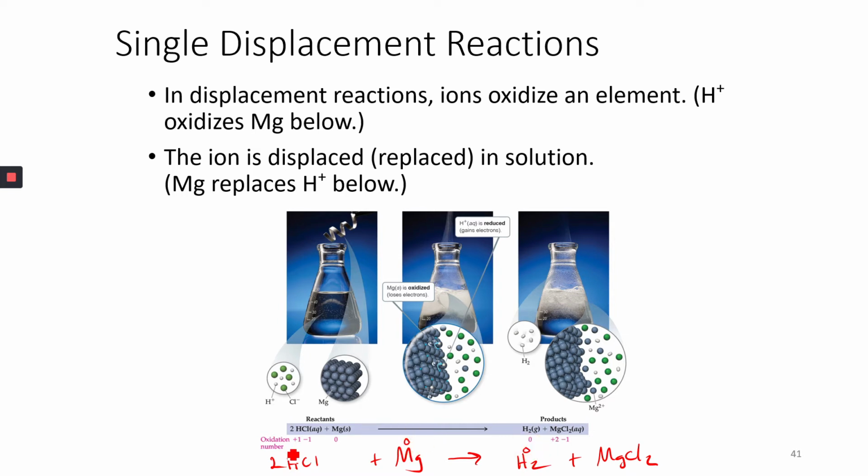Then you go and assign charges to everything else based on the rules we just discussed. And you look at the substances whose charge increased, that was oxidized. So here, magnesium was oxidized. And the substance whose charge decreased, in this case hydrogen, was reduced.